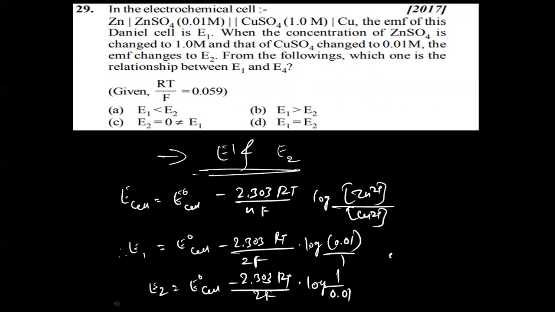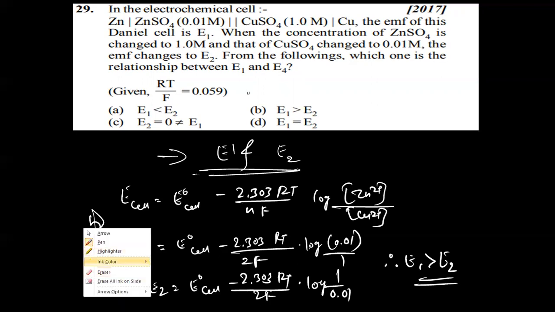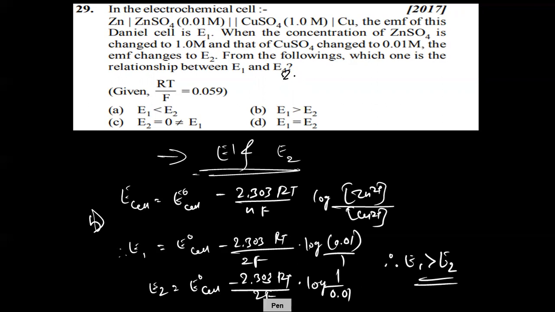On comparing these two equations, you will get E1 greater than E2. So for question number 29, it's option B, E1 is greater than E2. To make a correction, it's E1 and E2, not E4. So we have to find the relationship between E1 and E2, and for this given data, the answer is E1 greater than E2.